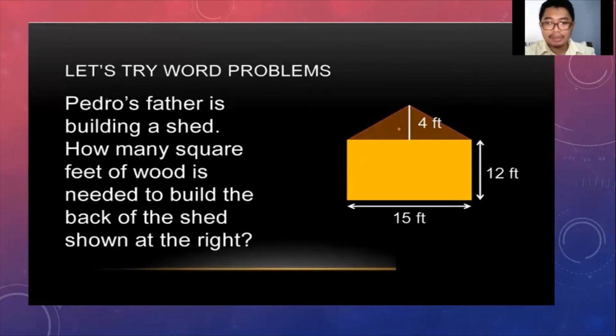To find the area of the shed, we are going to find the area first of our triangle. It's 1/2 times base times its height. The base of our triangle is 15, and by the way, this is the height, which is 4.